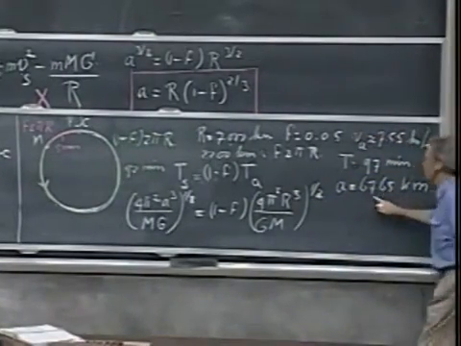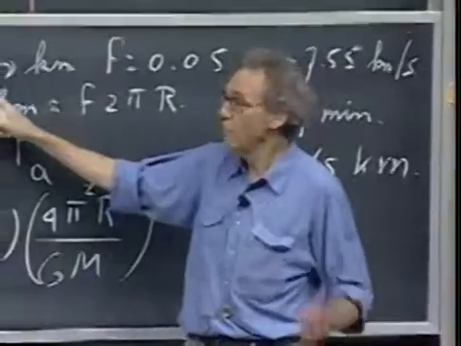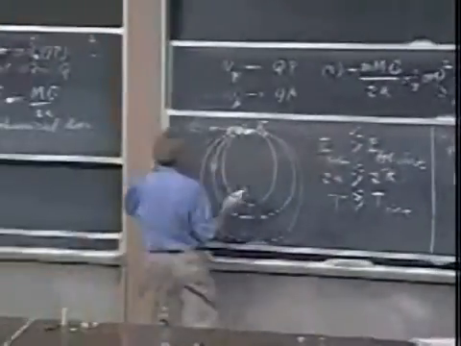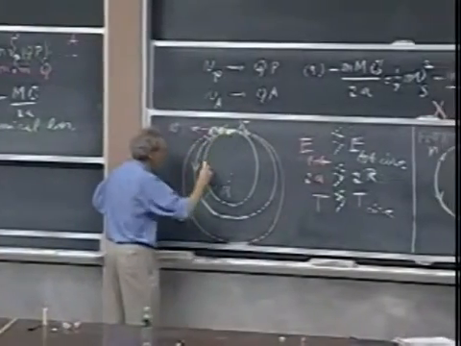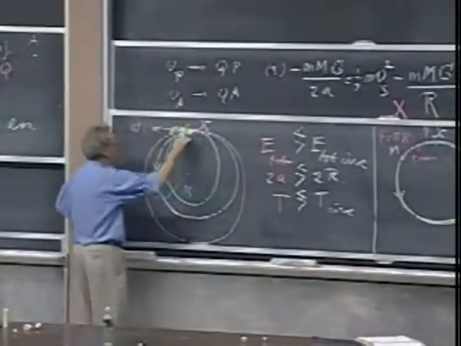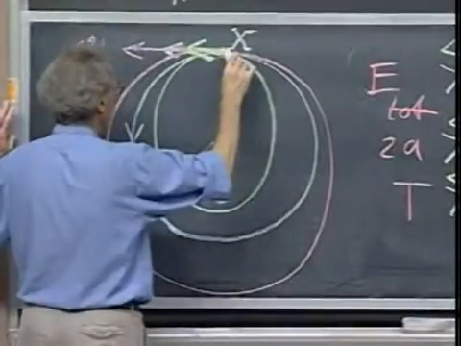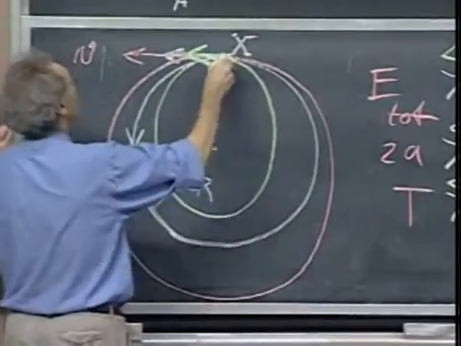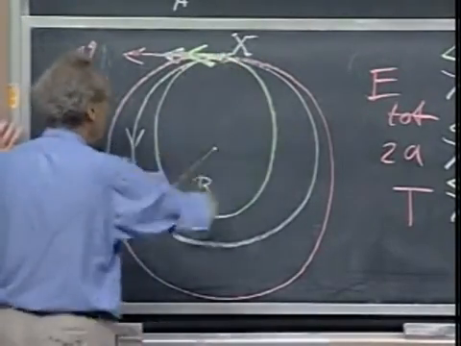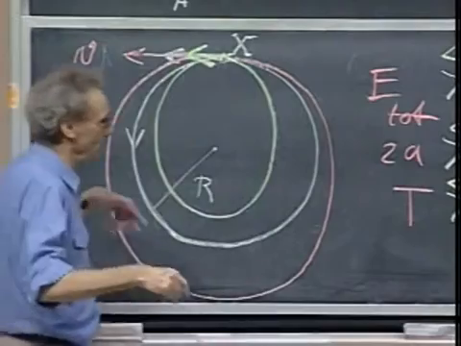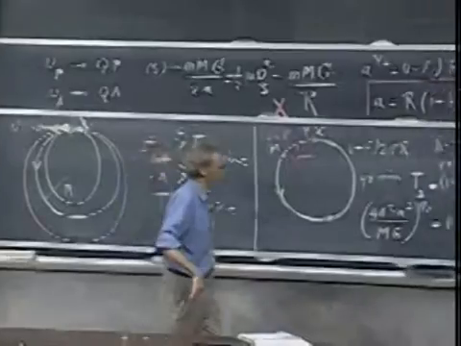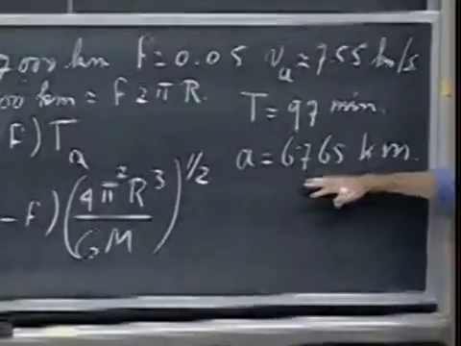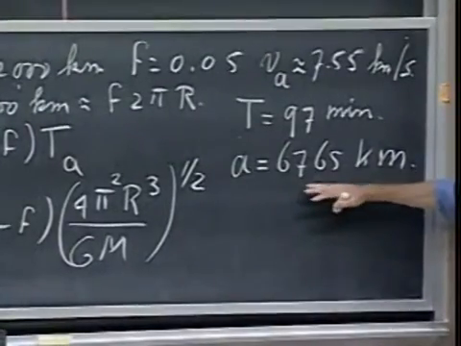Notice that this is smaller than R. It better be, because it's clear that after the sandwich is thrown, we get a green ellipse. We want this time to go around to be less time than Peter to go around. And if this time is less than the time that it takes Peter to go around, he has to throw the sandwich backwards, and therefore you expect that the semi-major axis will be smaller than R, and it is.